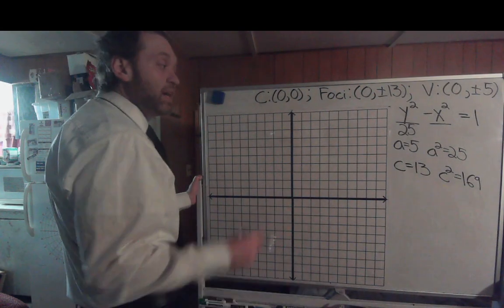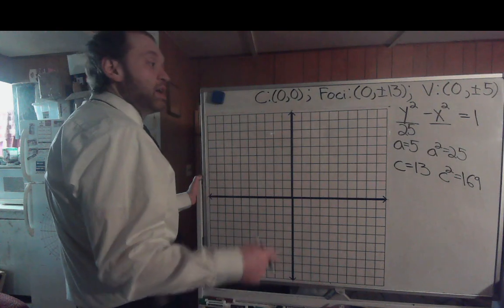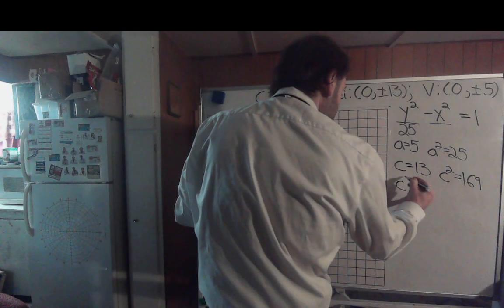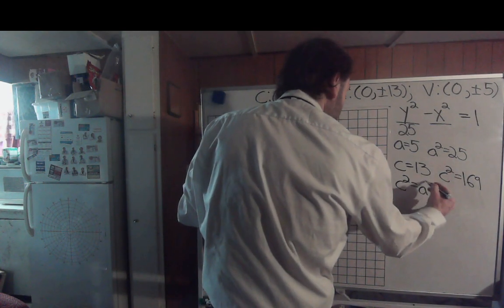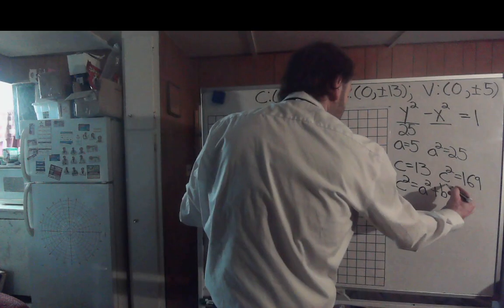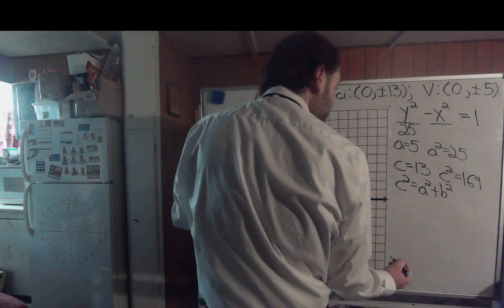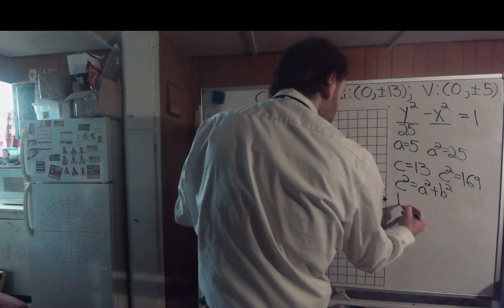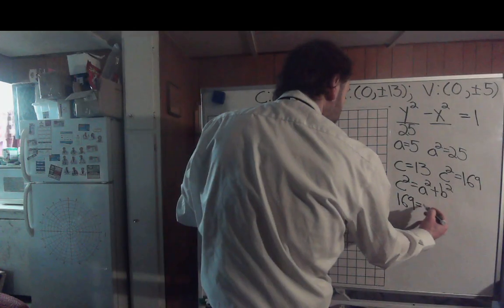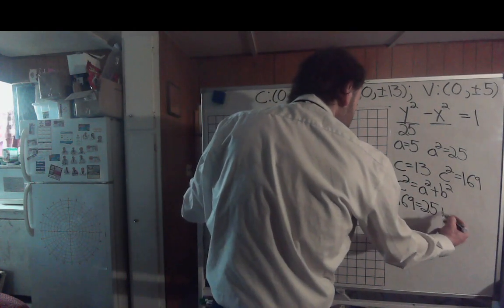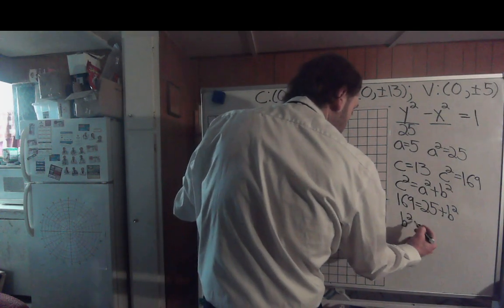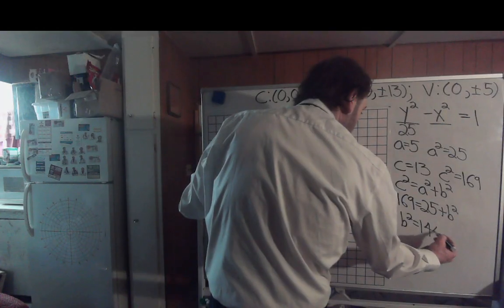Now we can find the length of the minor axis if we take c squared and set that equal to a squared plus b squared. Well, c squared is 169. That would equal 25 plus b squared, which would mean b squared equals 144.